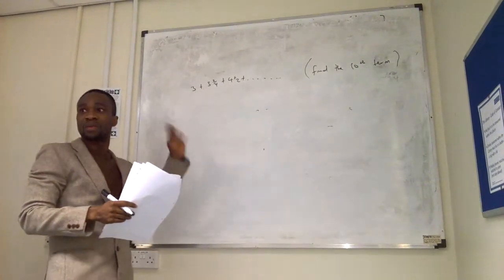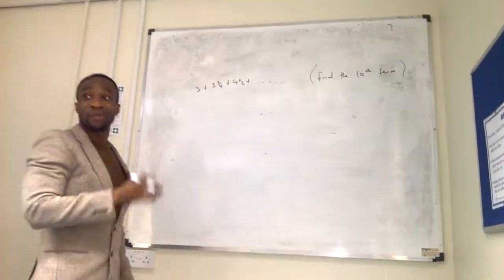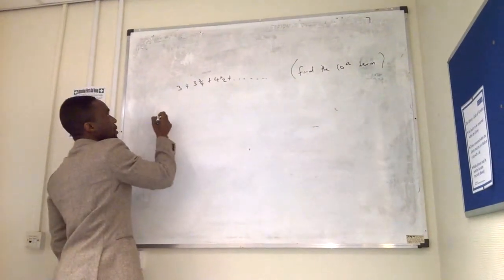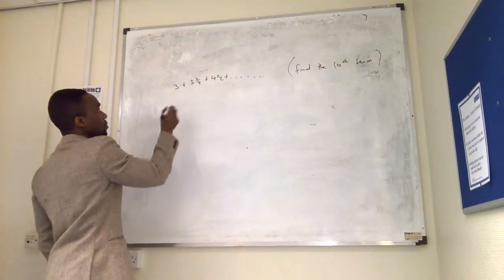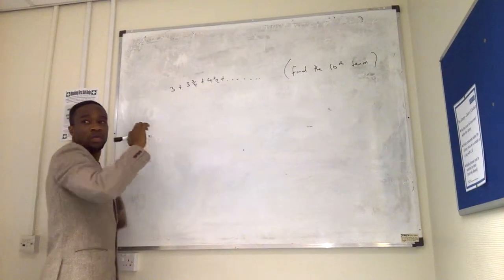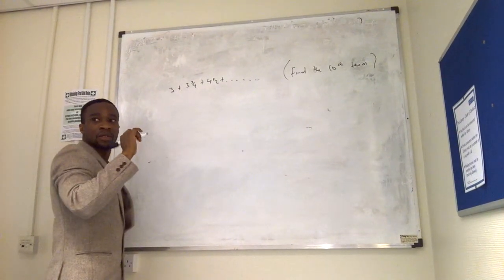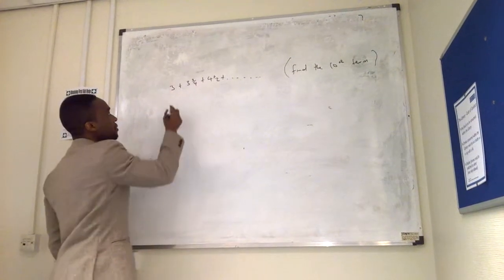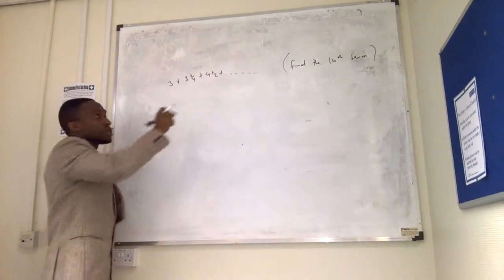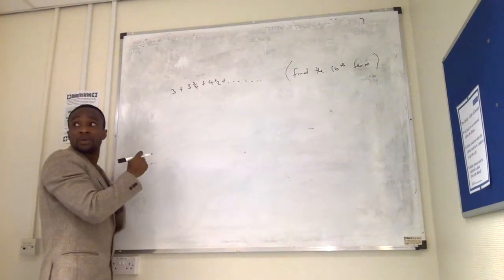This seems to be a little bit awkward, but it's quite easy if we know what we need to find first. We know A, the first term; we need to find the difference. It's much better to pick the second term.